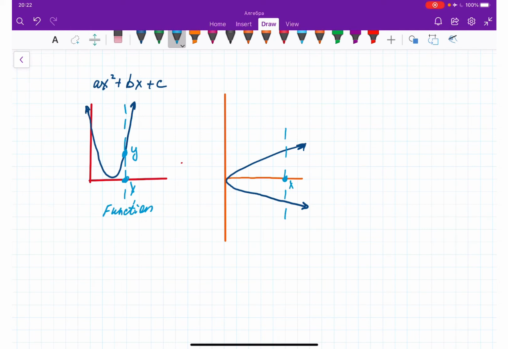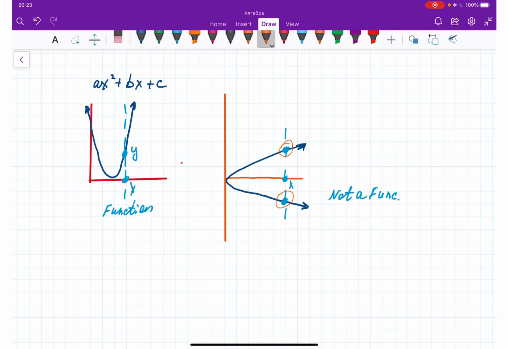That vertical line is crossing in 2 points. Correct? That means this graph is not a function. All right? So to recognize if this is a function, we have to use the vertical line test. If it crosses in more than one spot on the graph, then it's not a function.